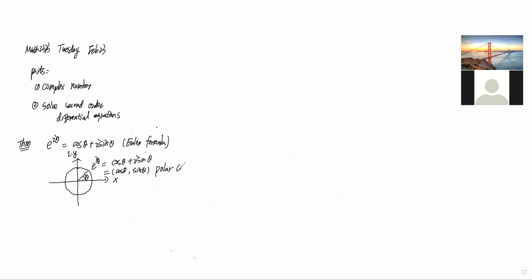This is called the polar coordinate. Anyway, just a name. If you didn't know this, just say, okay, this is polar coordinate. So cos θ, sin θ, but x squared plus y squared is 1, which means that e^(iθ) stands for a point on the unit circle.